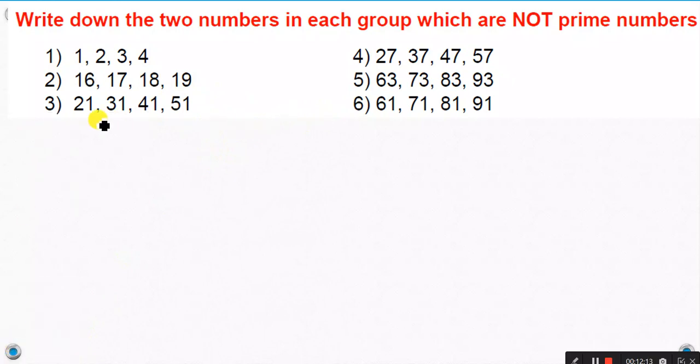So from here, 21 and 51 are not prime numbers. The other two are prime numbers.